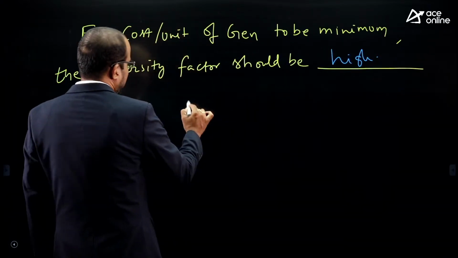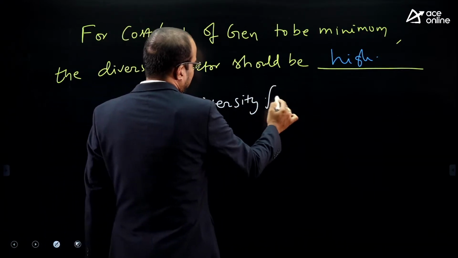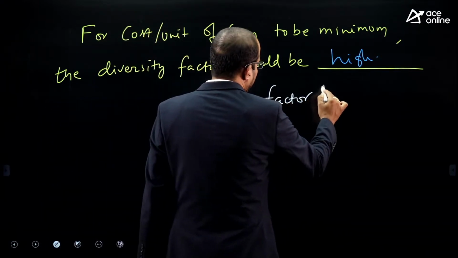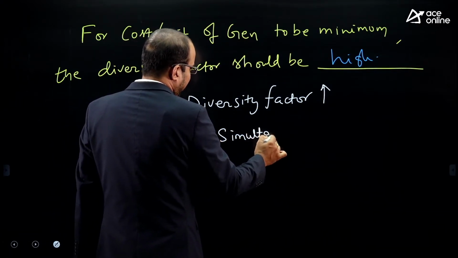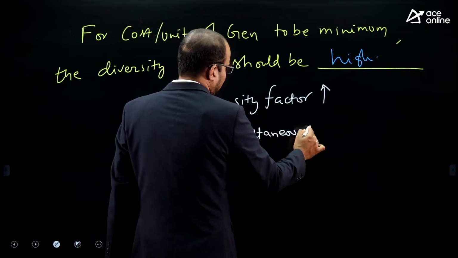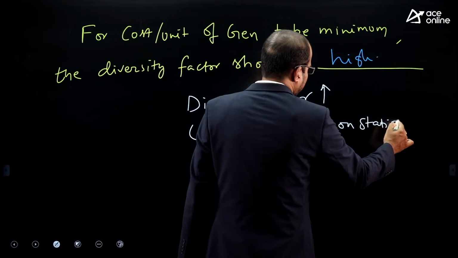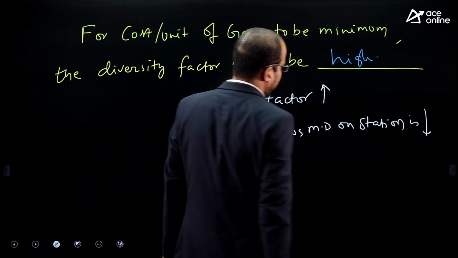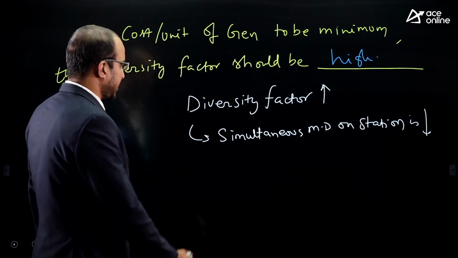If the diversity factor is high, what does it show? It shows that the simultaneous maximum demand on the station is less.